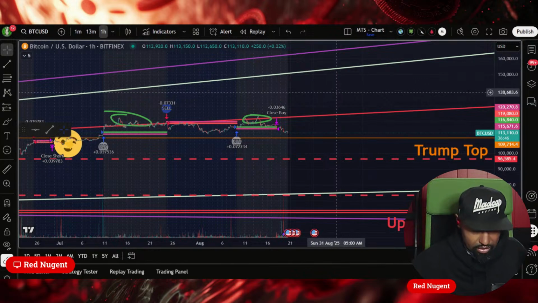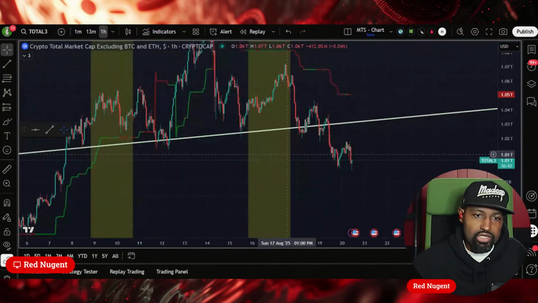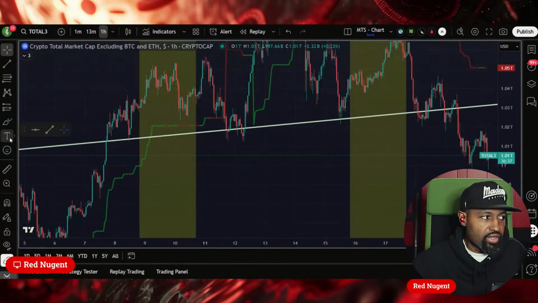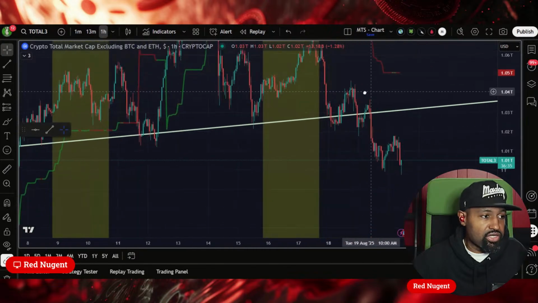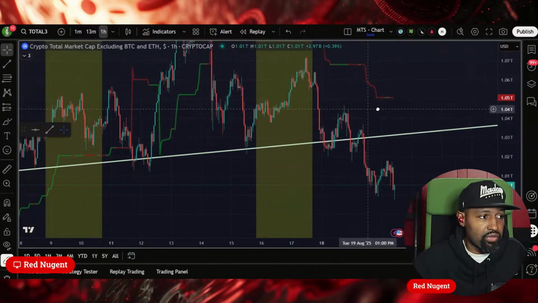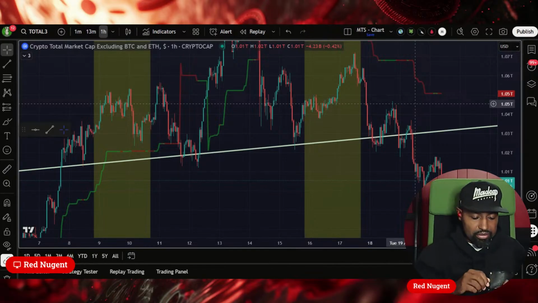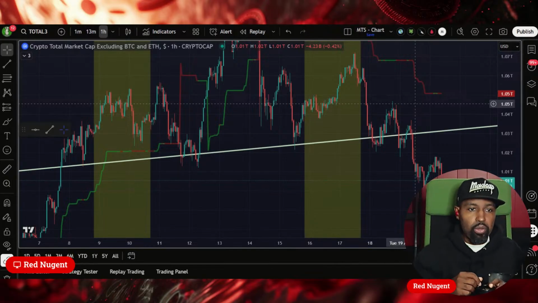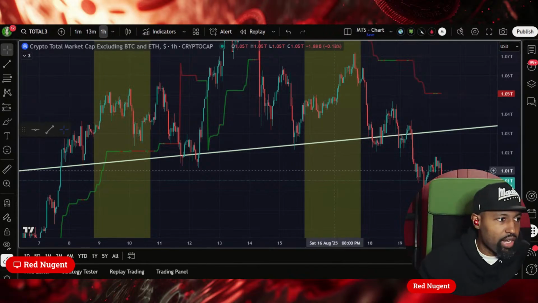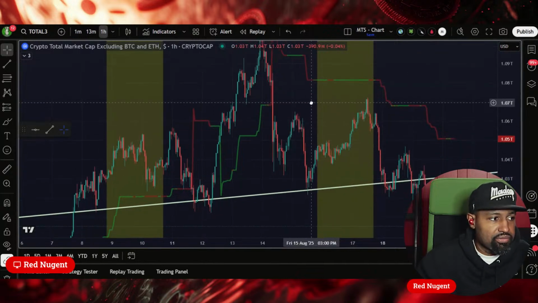Now, the altcoin season chart. This is my favorite altcoin chart, ladies and gents. I've been noticing that this chart is a leading indicator for the entire market. It even leads Bitcoin as far as sentiment. This will go bearish before Bitcoin does. That's why I like having this chart and looking at it.